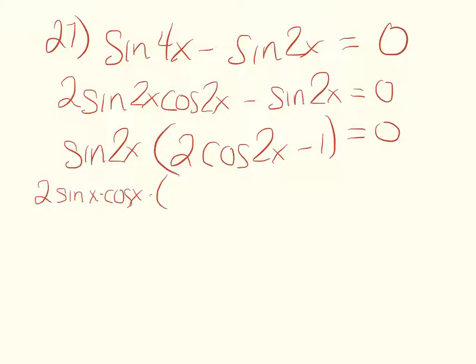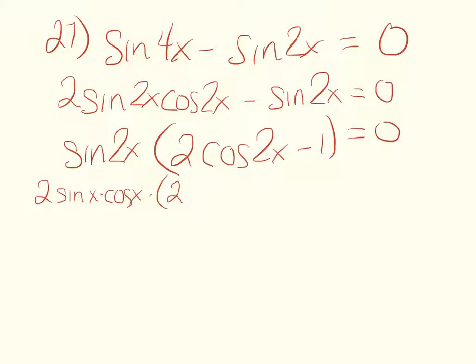And then this here, I'd like to be able to set it equal to 0, except it still has the double angle in it. I need to get rid of the double angle. I'm going to use the double angle, and I'd like to keep it in one trig function, so I don't want to use the one with cosine and sine.